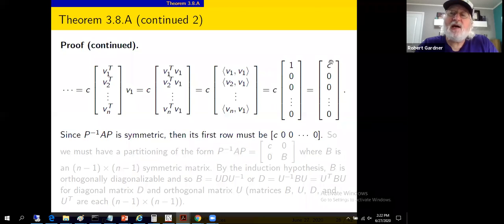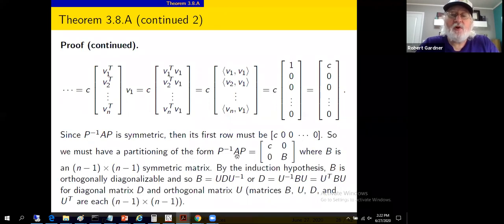Take that C inside, get this. What was this again? This is the first column of the matrix P inverse AP, or P transpose AP. Here's the first column. We argued above that this thing is symmetric, so the first row is just the transpose of this. All right, we just found out that P inverse AP is of the following form.